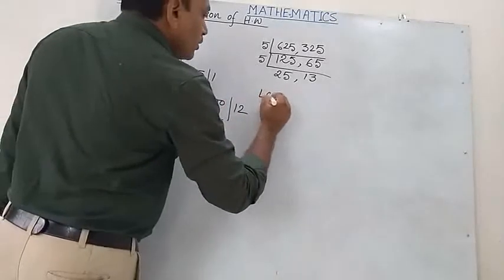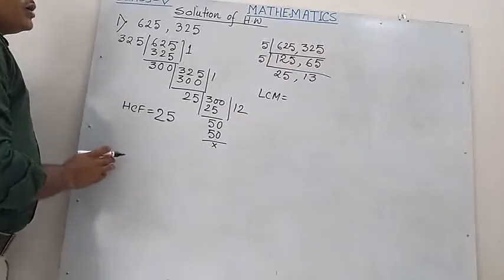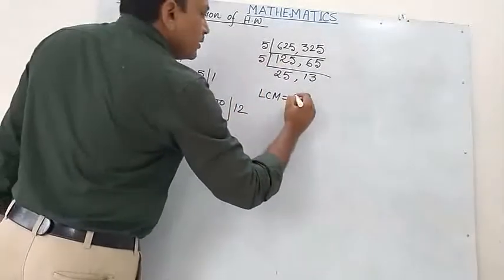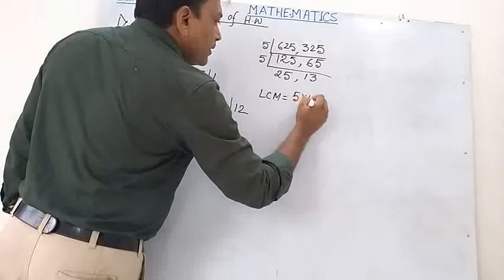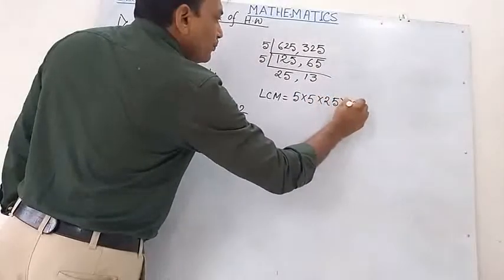So the LCM of 625 and 325 is 5 into 5 into 25 into 13.